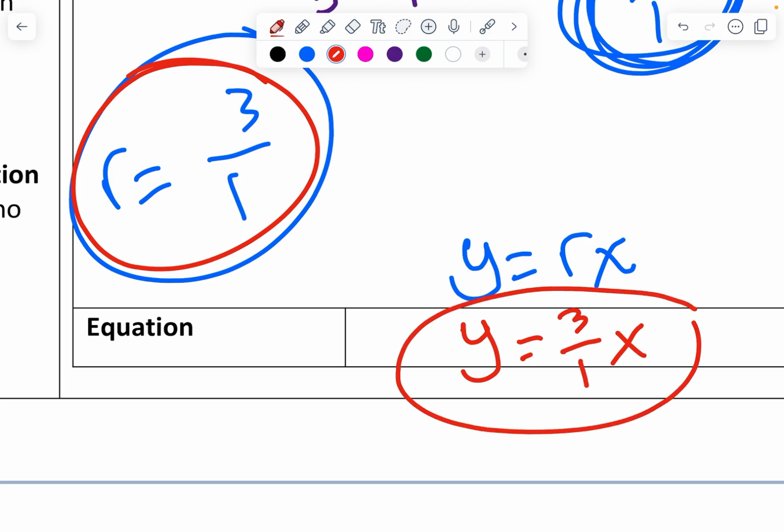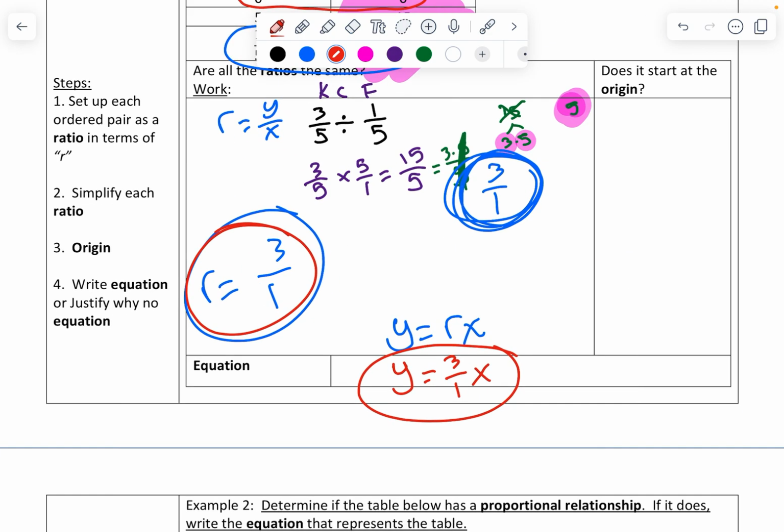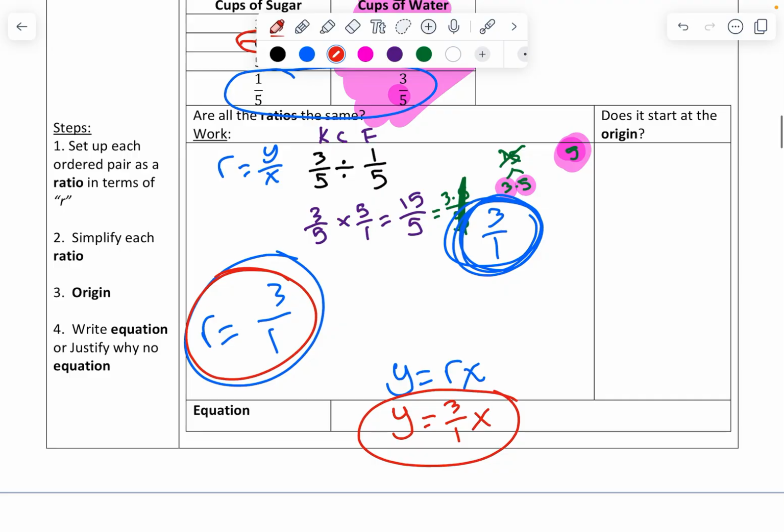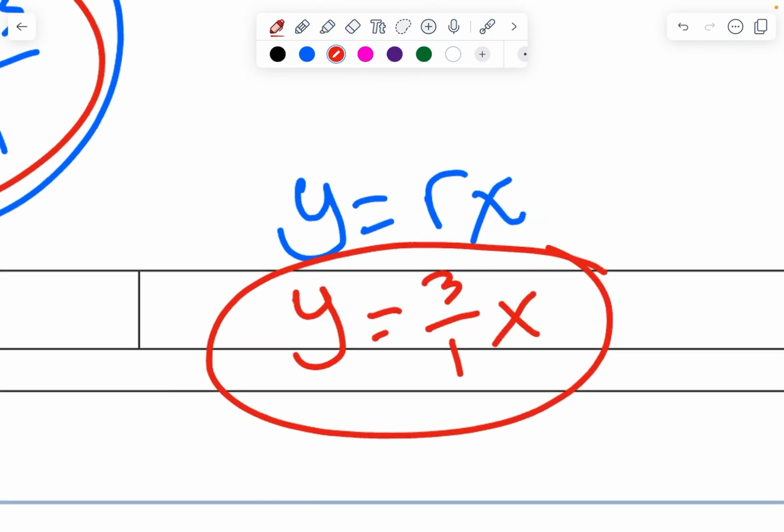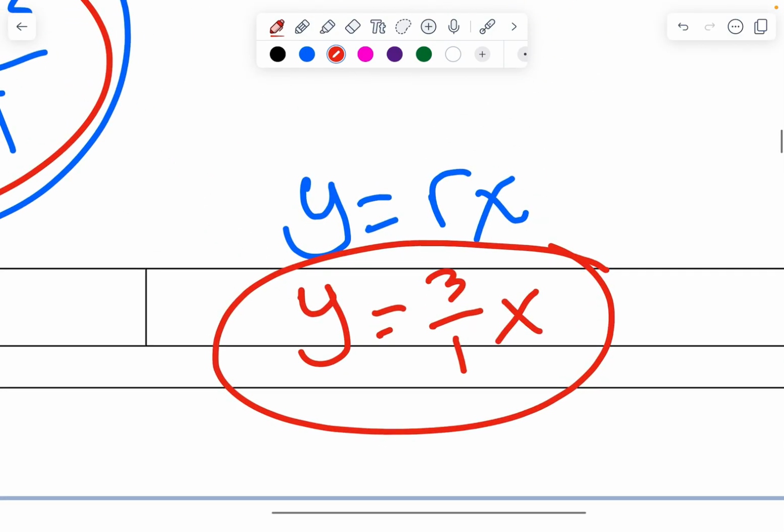So there we go. Boom, we're done. Again, it starts at the origin. Yes, we know that. And if you were to do all the relationships, all the fractions, they would all be 3 over 1. I'm only doing the fraction part of it just so you guys can see that, okay? But if you tested out all the other ones, they're all the same. And then we just plug in that factor for R, or the ratio, the relationship that we have there.